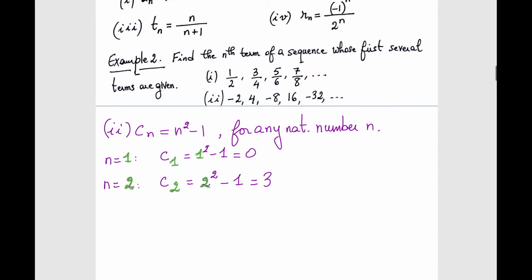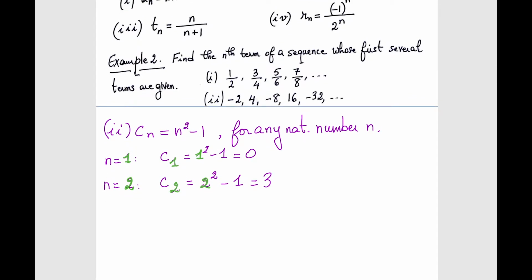How about the third term? n equals 3. So that's going to be C3, right? That's going to be the square of 3 minus 1. Let's stay with the same level of detail. So let's color this part.